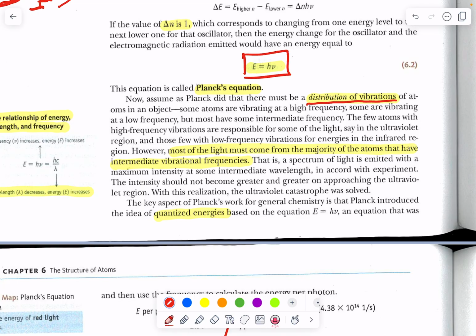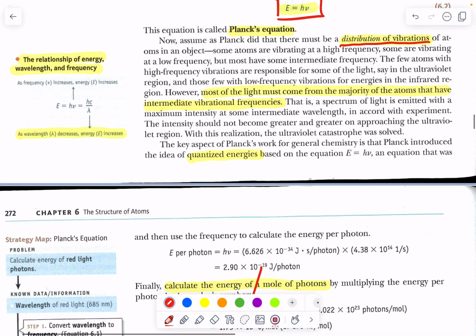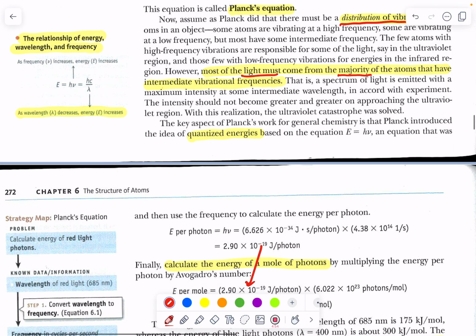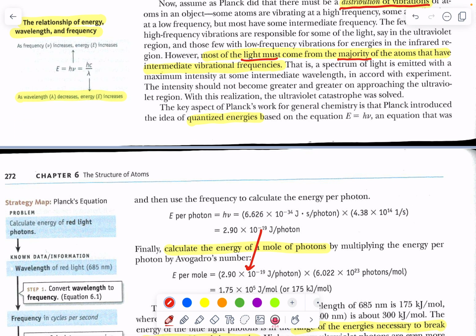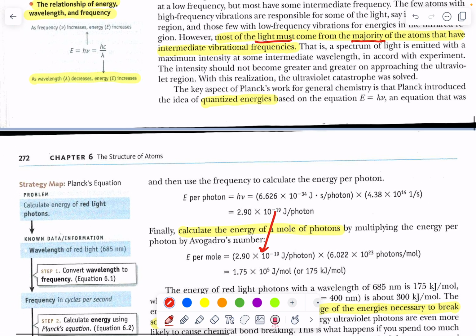But most of those vibrations, or the majority of those vibrations, will produce the majority of the light and give the characteristic color of that particular batch of photons, even though there are other photons that might be present. So you get a mixture of these. But the energy itself is quantized.